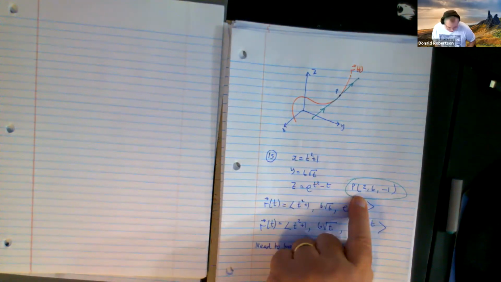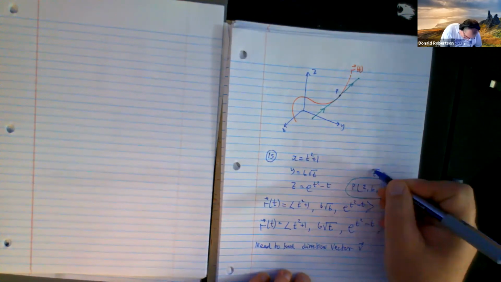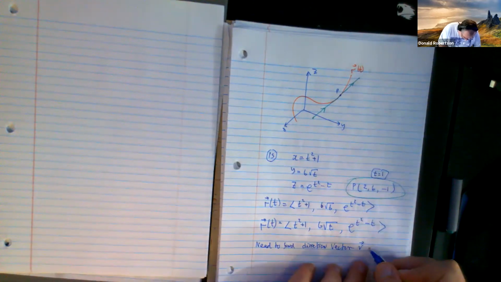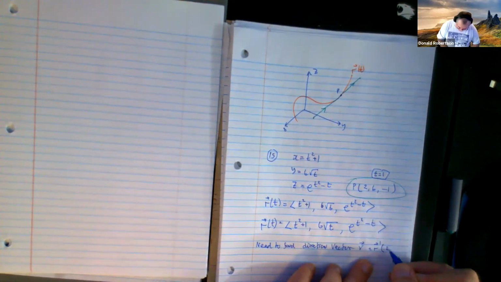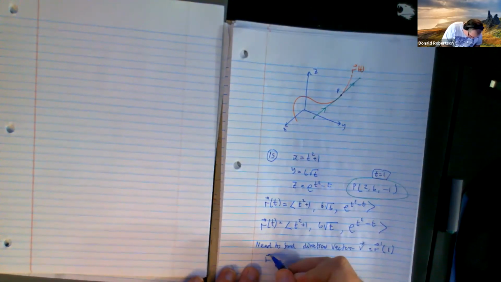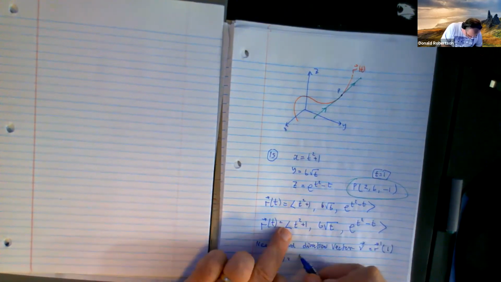So to find the direction vector, I just find the first derivative at whatever t is, in this case 1. So the derivative, let's say r there, is differentiate this guy, you get 2t.